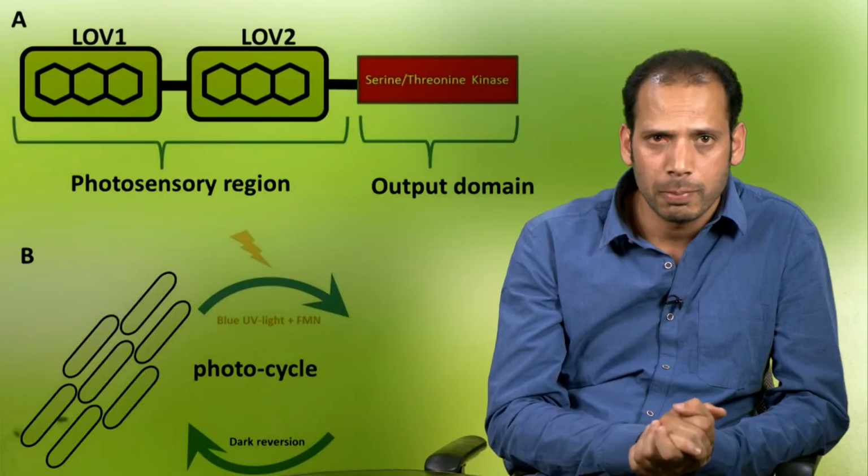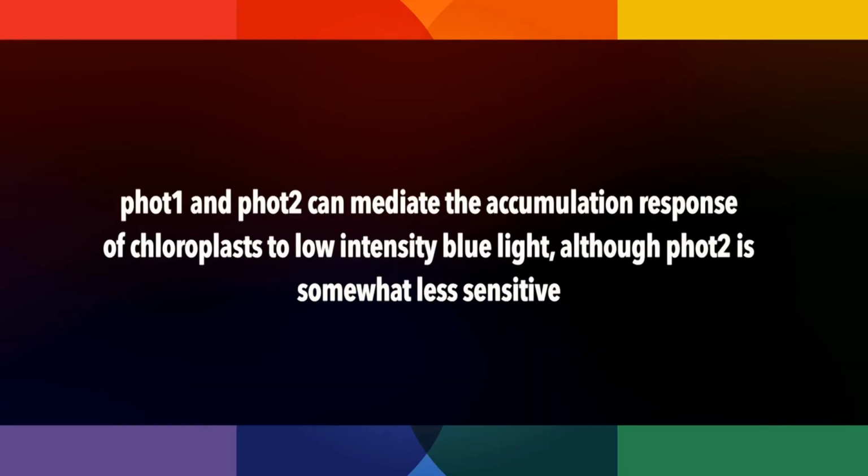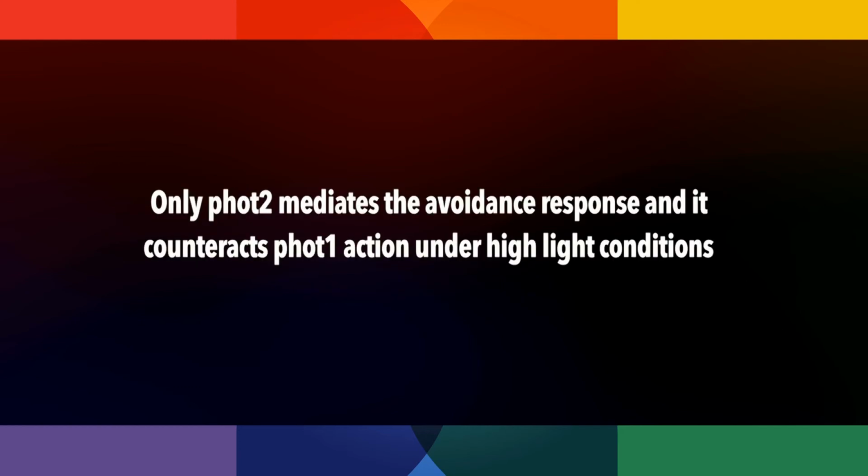Hence, both phototropin 1 and phototropin 2 can mediate the accumulation response of chloroplasts to low intensity blue light, although phototropin 2 is somewhat less sensitive than phototropin 1. Only phototropin 2 mediates the avoidance response and it counteracts phototropin 1 action under high light conditions.